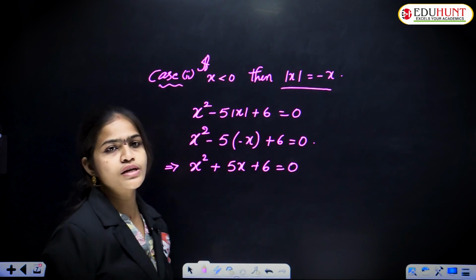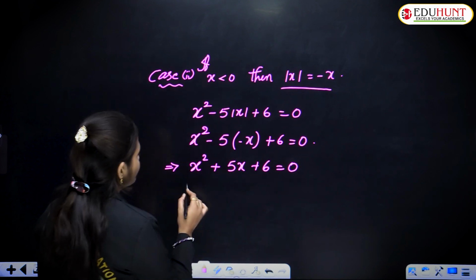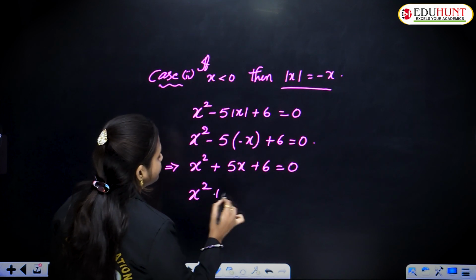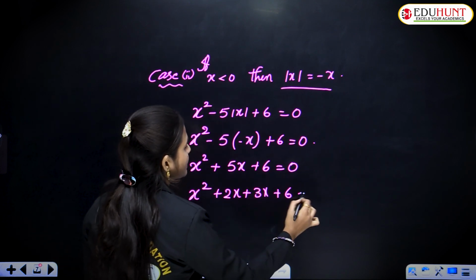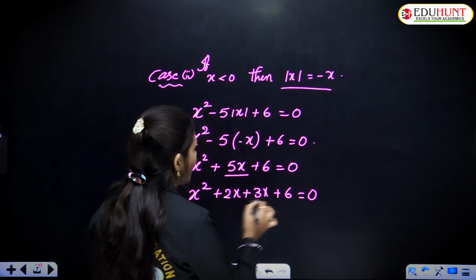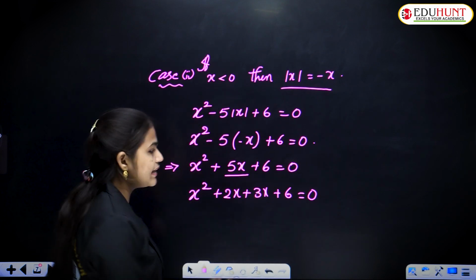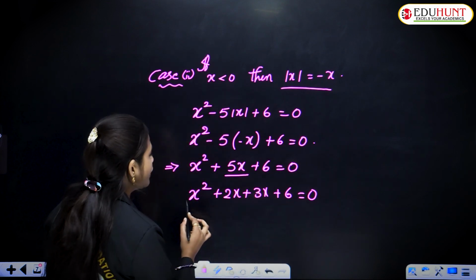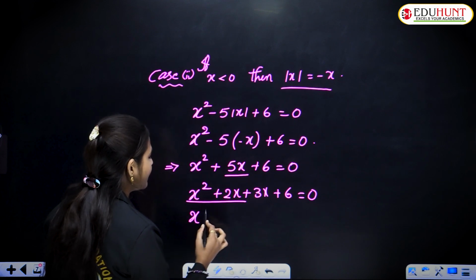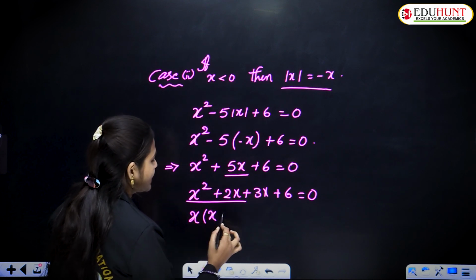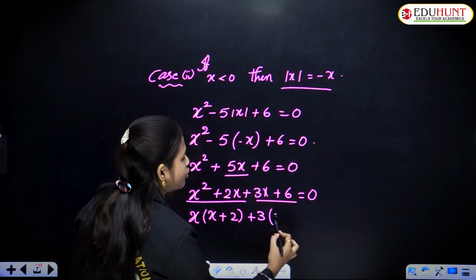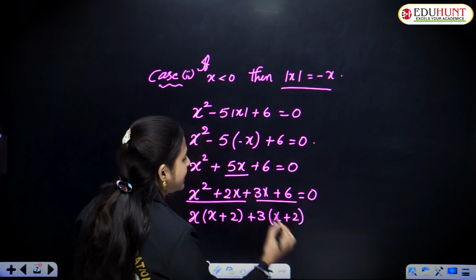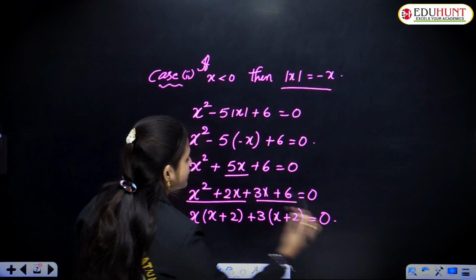So for this equation we need to find the roots. So x square plus 2x plus 3x plus 6 is equal to 0, again splitting 5x as 2x plus 3x. From the first two terms take x as common, so x plus 2. From these two terms take 3 as common, so x plus 2, 3x plus 6 which is equal to 0.